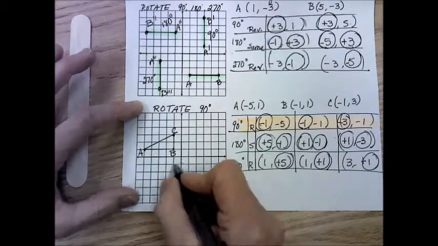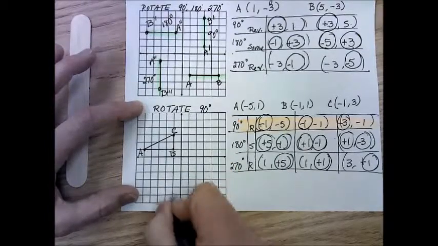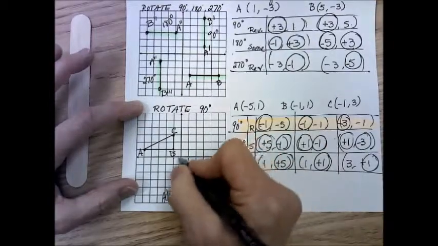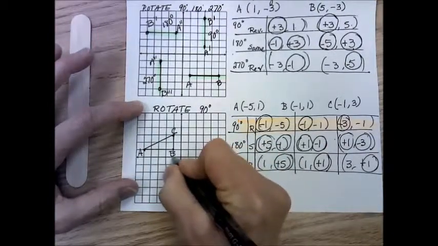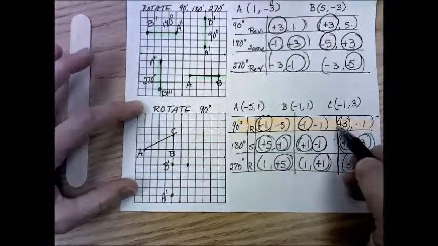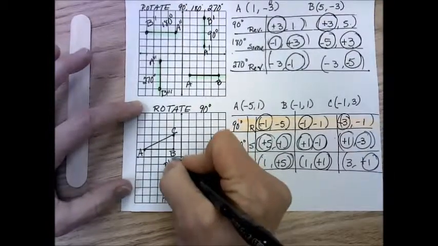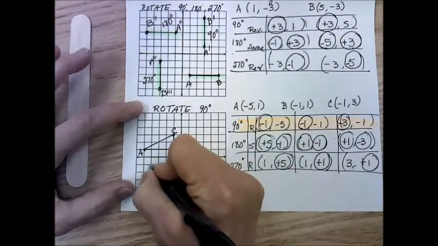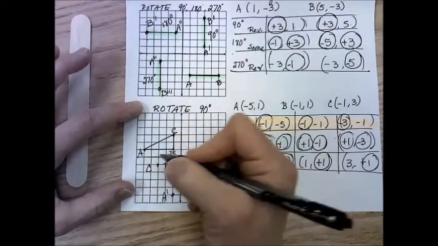So negative 1 and then 1, 2, 3, 5. So there's your A prime. And B is at negative 1, negative 1. Whoops, sorry, negative 1, negative 1. There's B. All right. And C is at negative 3, negative 1. So 1, 2, 3, and then negative 1. So here's my C prime.